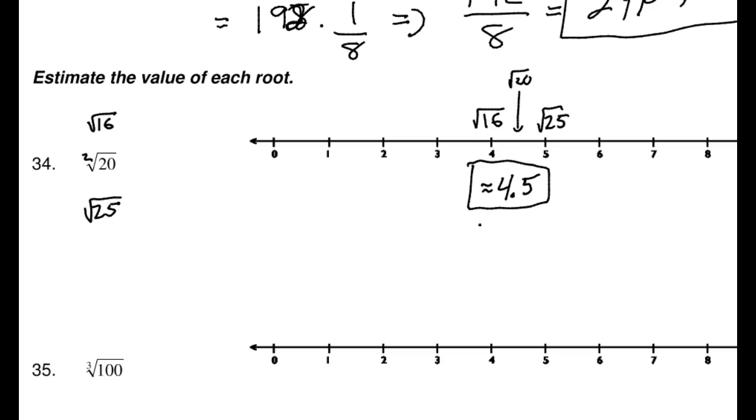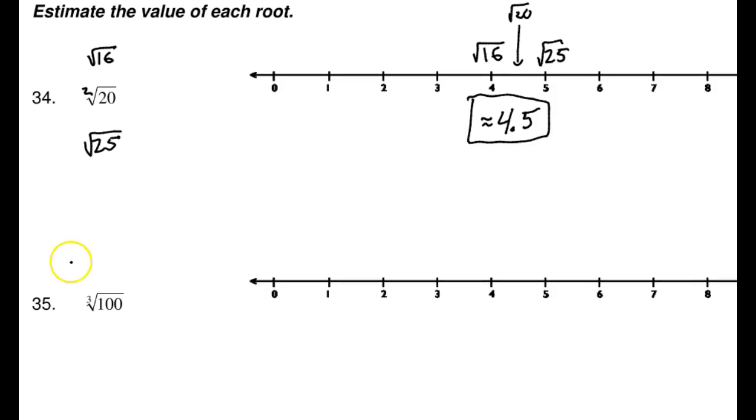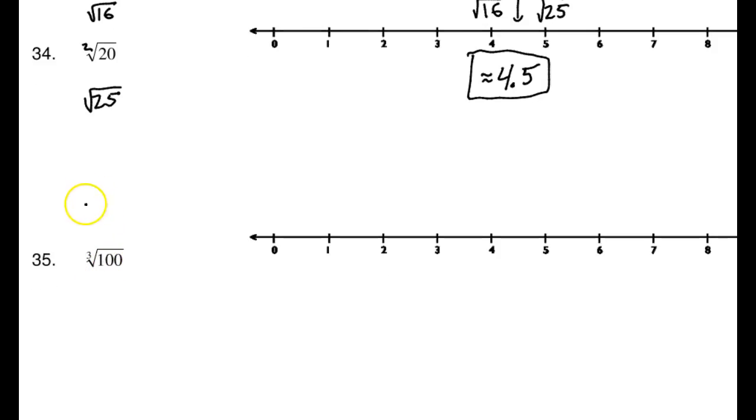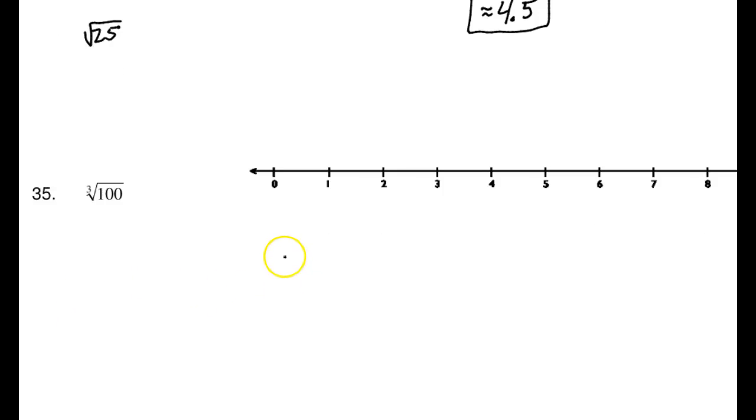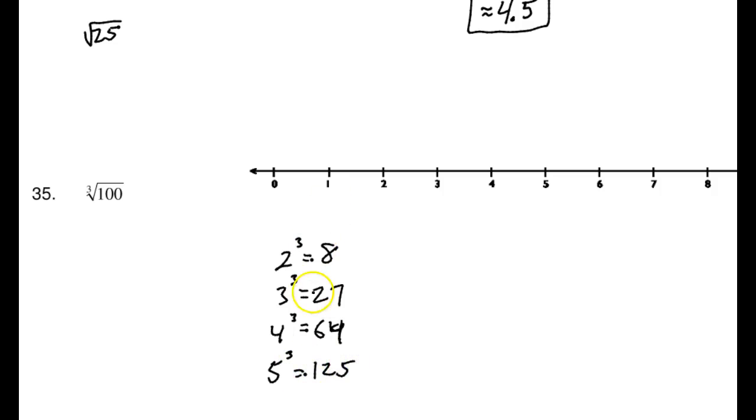And then we can do the same thing for the cube root of 100. It's just that it's perfect cubes. Now, if you don't know your perfect cubes well, it might help to write those out. 2 cubed is 8, 3 cubed is 27, 4 cubed is 64, and 5 cubed is 125. So these are all the perfect cubes. We don't know those as well as perfect squares.